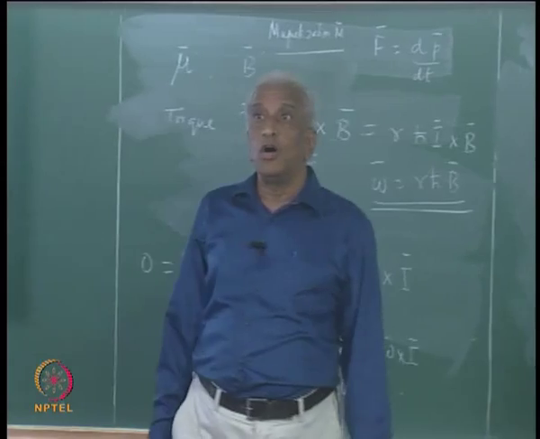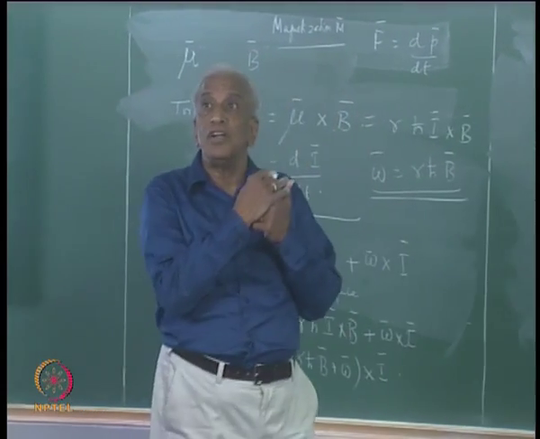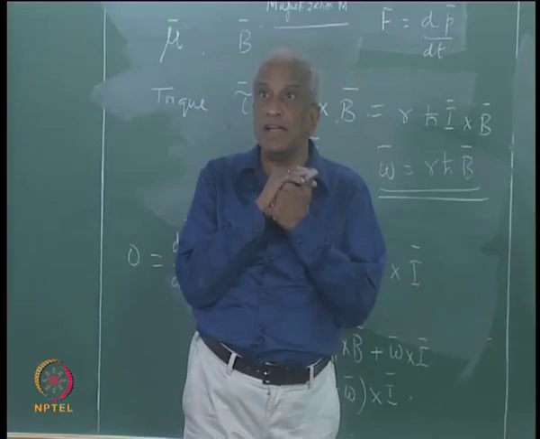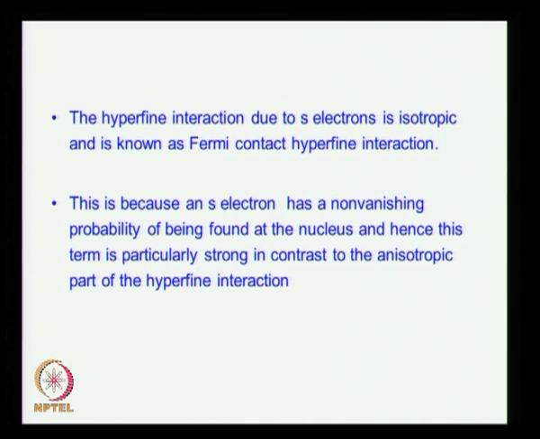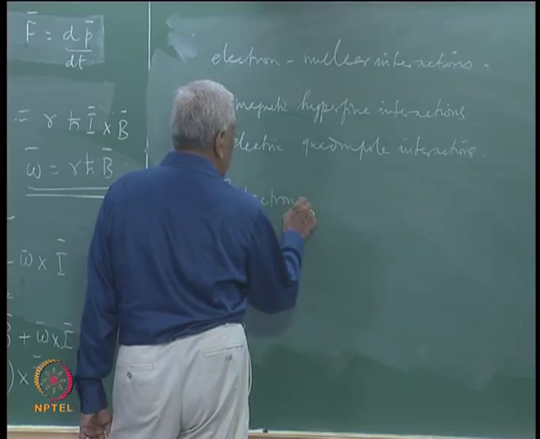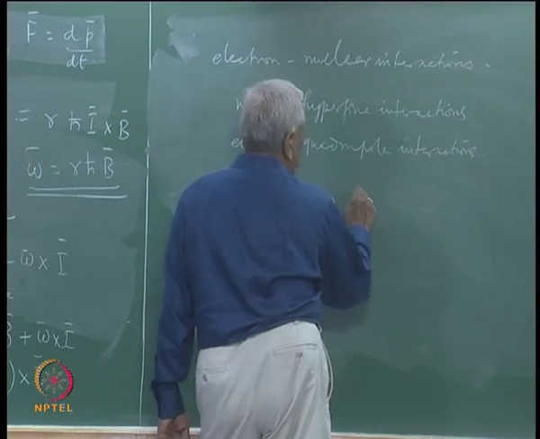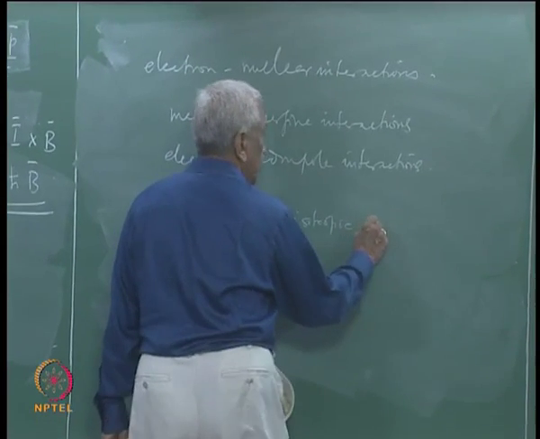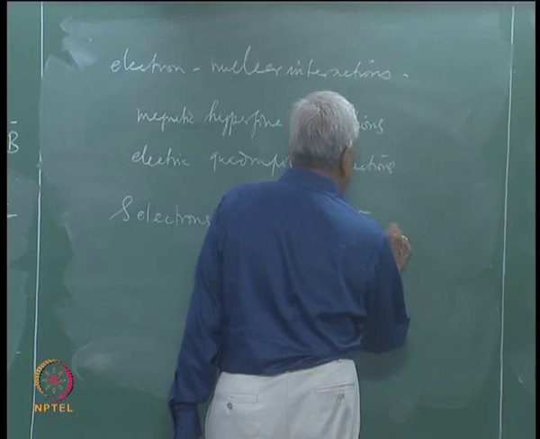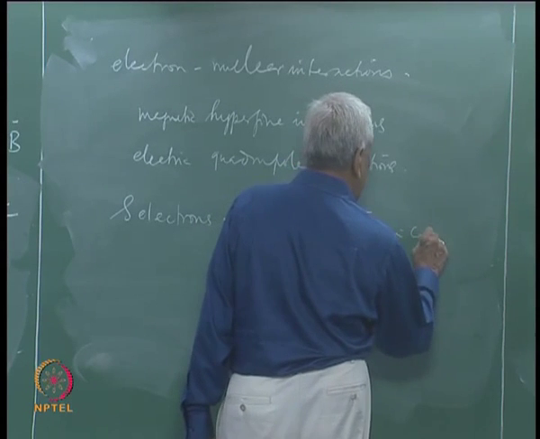We will not go into all these, but when an electron and nuclear spin interact via the hyperfine interaction, it will again change the local magnetic field, and so the resonance frequency will be shifted. Now, the hyperfine interaction due to s electrons, which have an isotropic angular distribution, is isotropic. It does not have an angular variation. This part is known as the Fermi contact hyperfine interaction.